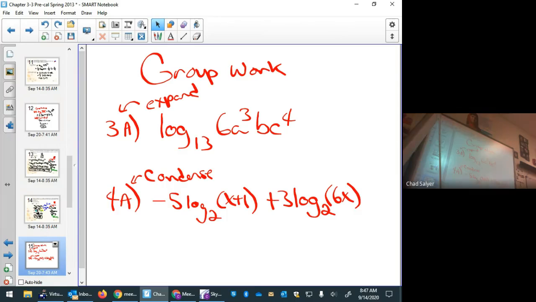And then this one. Six cubed. Let me double check myself. Now I'm going to rewrite this using the product property. So you got everything but that last step, basically.